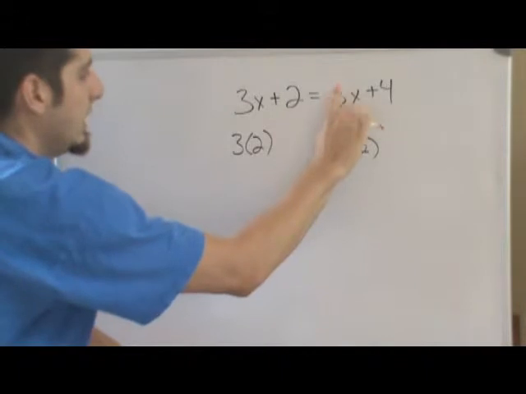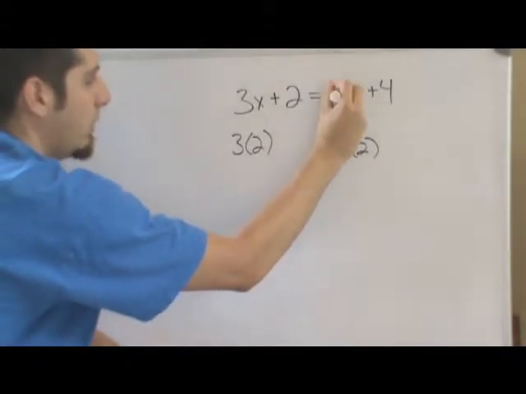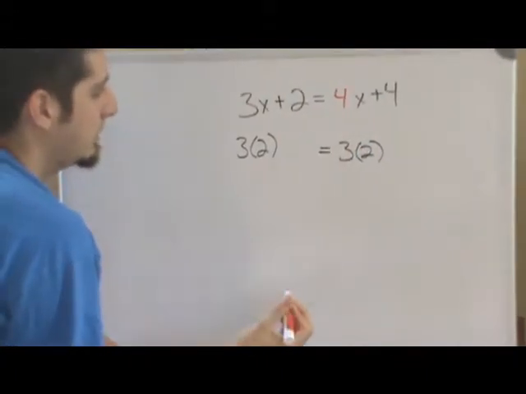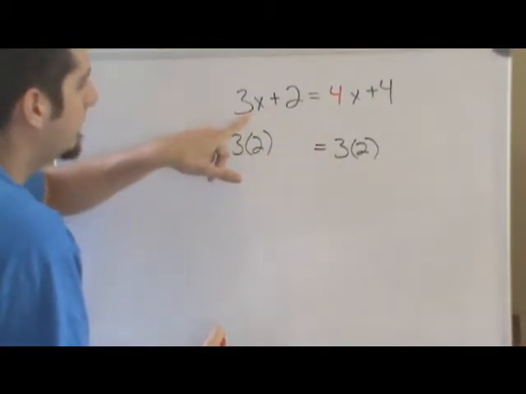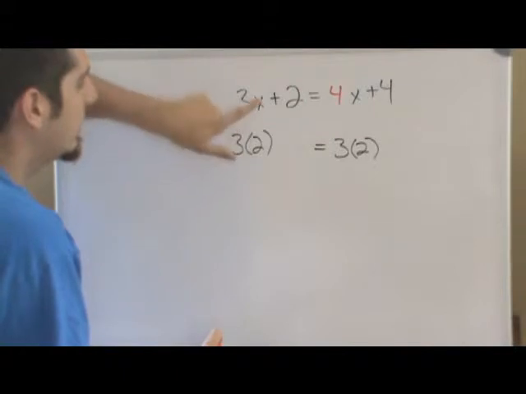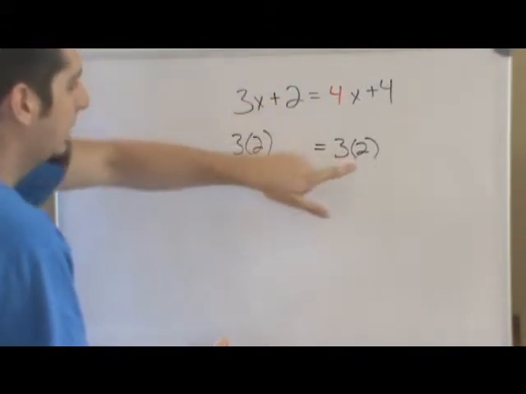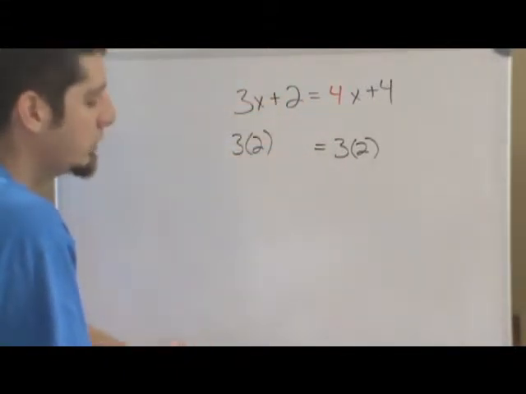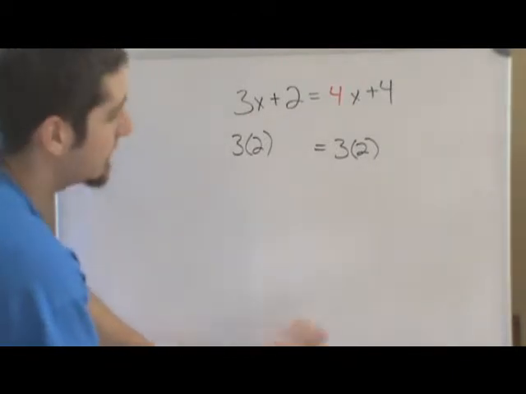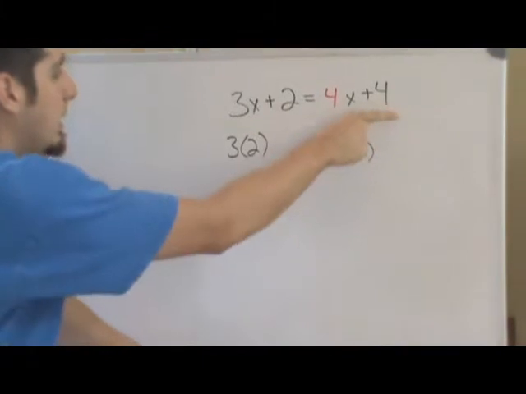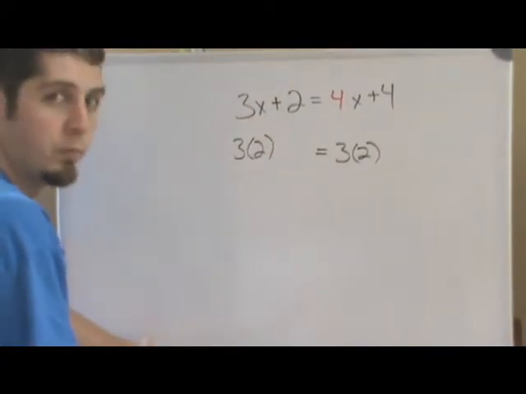Now, if this 3 had been changed to a 4, now suddenly it's a different ballgame, because my variables aren't going to necessarily yield me the same answer. So it's going to be possible for there to be a number. Not any number I want, but there will be a number out there that would make this equation true.